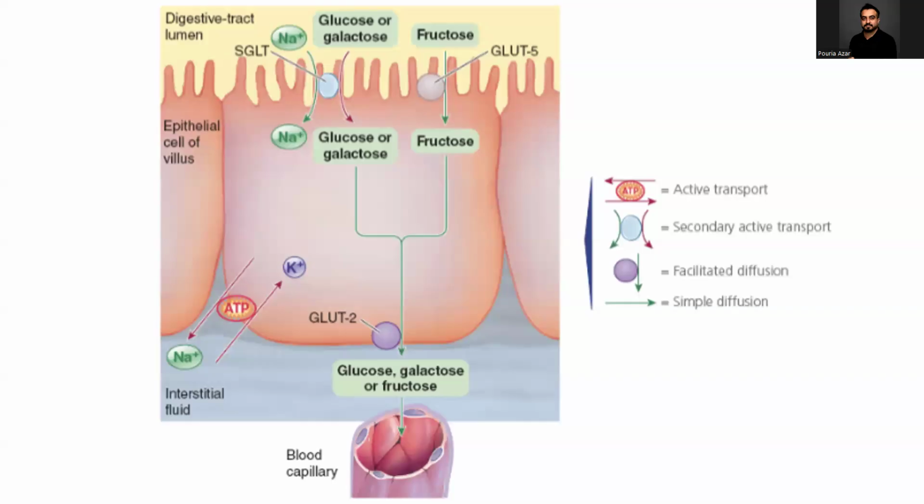So we don't need energy to move glucose, galactose, and fructose from small intestine to the bloodstream. And from the bloodstream, those absorbed monosaccharides go to the liver. So this is the difference between absorption of fructose from other monosaccharides.